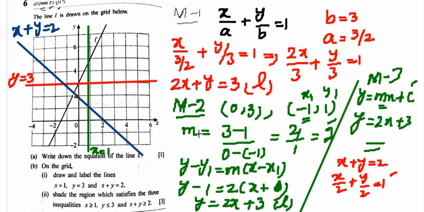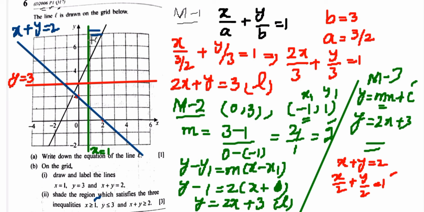Okay. Shade the region which satisfies the 3 inequalities. x greater than or equal to 1 means the values that are to the right side of x is equal to 1. So these will be these lines.